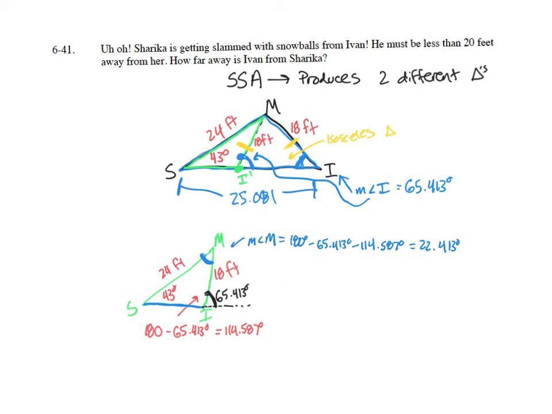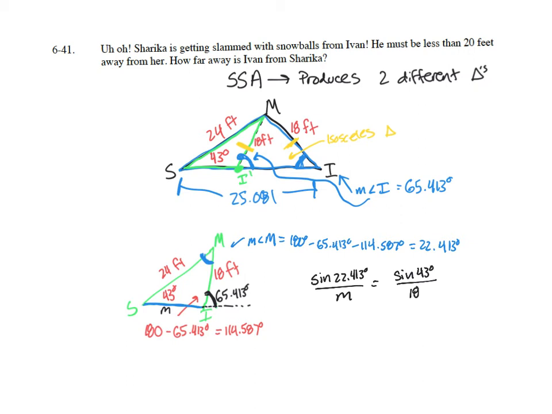Stick with me. Now I have the opportunity to use law of sines to find this missing measurement, little m, down here at the bottom. Okay, I can set up the law of sines, and so I can say that I have the sine of 22.413 degrees over m, and I can set that equal to the sine of 43 degrees over 18. Okay, that's the ratio that I can set up.